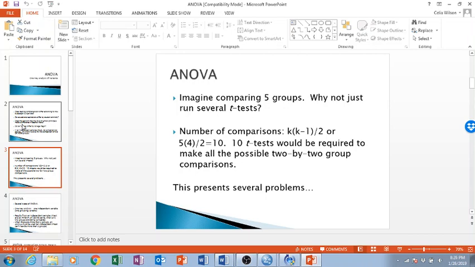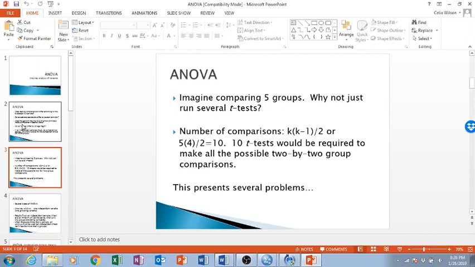The number of comparisons is k times k minus 1, divided by 2, where k is the number of groups. So 5 times 4 divided by 2 is 10. You would need to run 10 t-tests to make all those 2x2 group comparisons rather than one ANOVA.